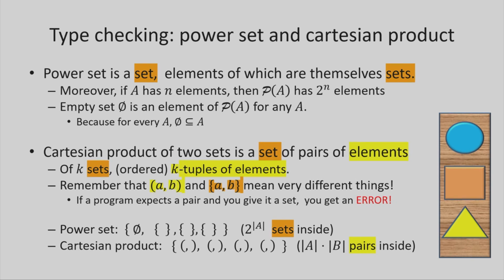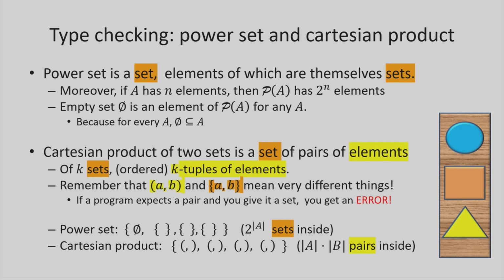Here below you see what the general outline of a power set looks like and what the general outline of a Cartesian product looks like. A Cartesian product is not going to have an empty set there, unless one of your original sets is empty, in which case the whole Cartesian product itself will be just an empty set. Not a set containing an empty set, just an empty set.